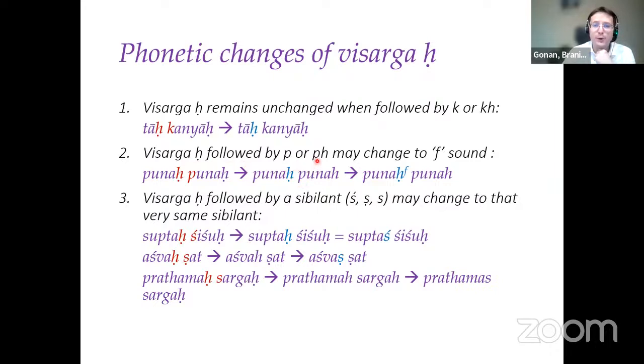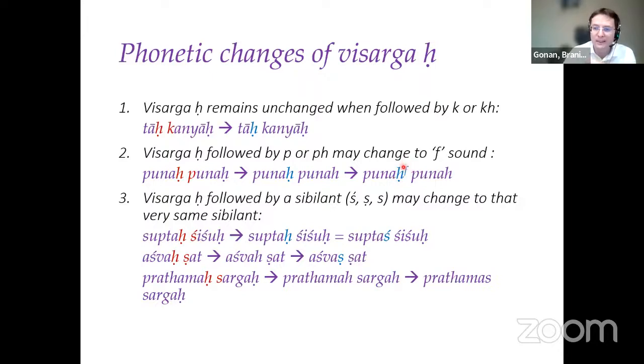Visarga followed by p or ph may change to an f sound. Usually it does, and you can really hear this change when pandits are chanting. So you see punah p is changed into punaf. For your reference, this f is in superscript, so this Visarga is changing into an f sound.